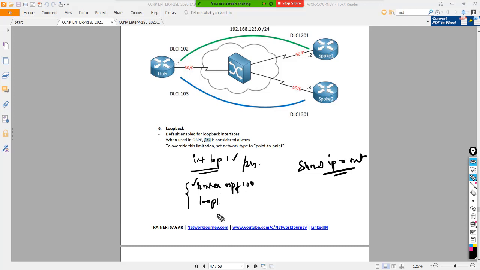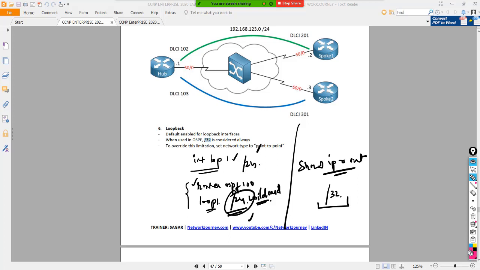Also in router OSPF, while advertising the loopback, I am advertising the /24 equivalent wildcard mask, because under OSPF they consider wildcard mask. But when I go and check show IP route, you will see they are taking up /32 only. Even though you have advertised /24, it's taking /32.